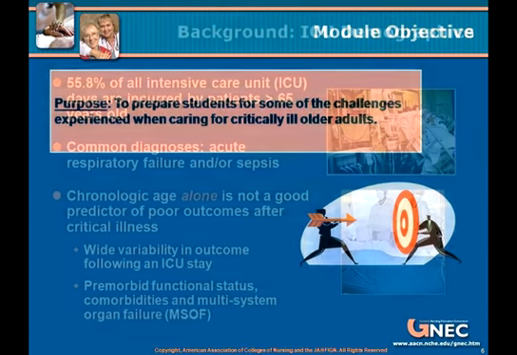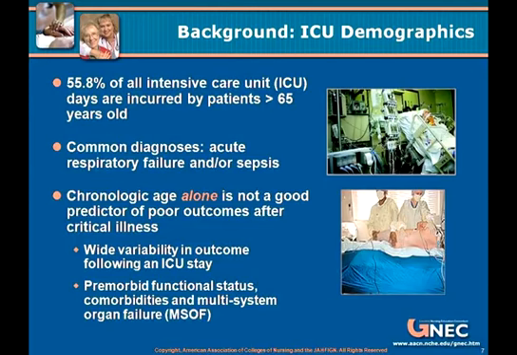So Dr. Happ? Older adults make up about 55% of the patient days in the critical care area. The most common diagnoses for older adults are acute respiratory failure and/or sepsis. However, those diagnoses can be in combination with other acute illnesses and injuries and surgeries.